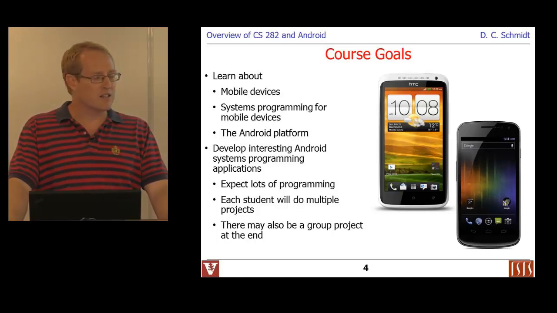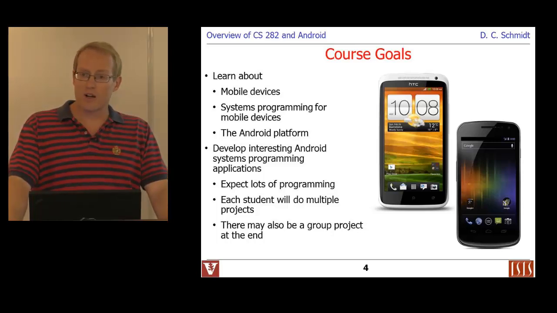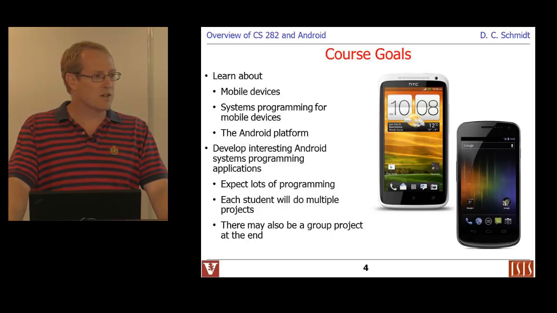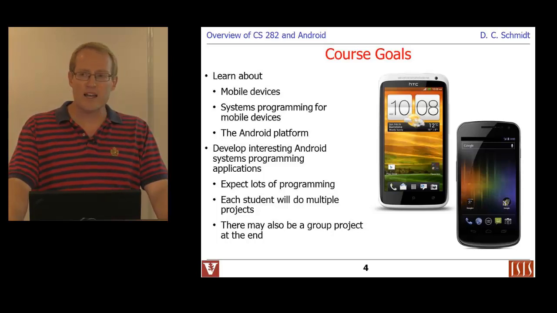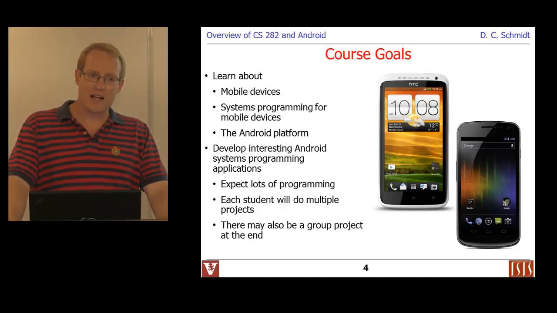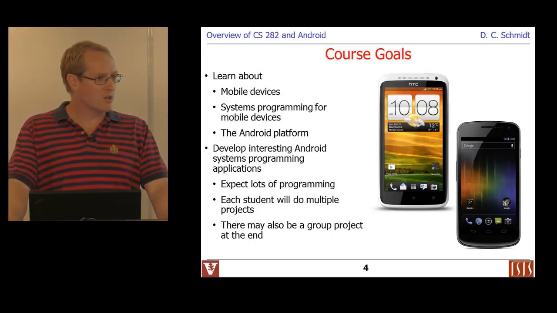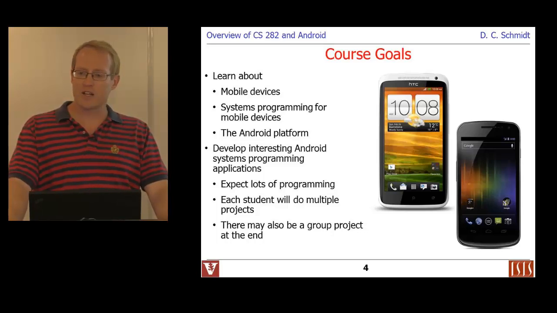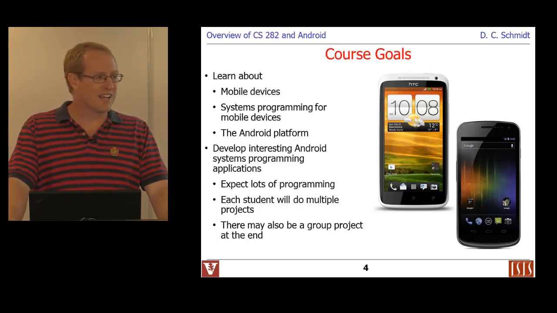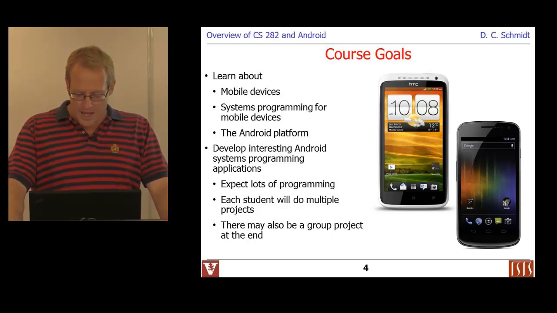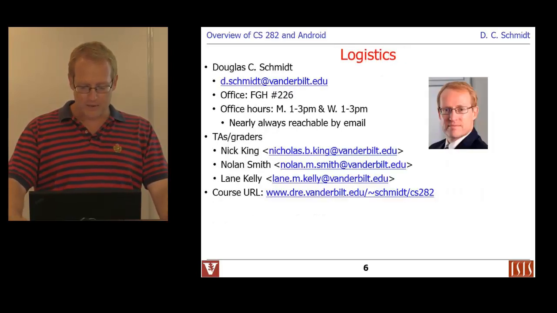And the goal of all that is to get people to try something more interesting, bigger, broader, and so on. Some of you are taking CS 279 or 278 with Jules White. And so for those of you in that class, we'll try to figure out a way that the projects we do here and there can dovetail on each other. And you'll learn more about why that's a good thing when we get further along in this course and that course. And as usual, there'll be lots of programming.